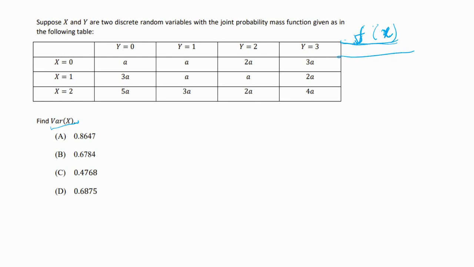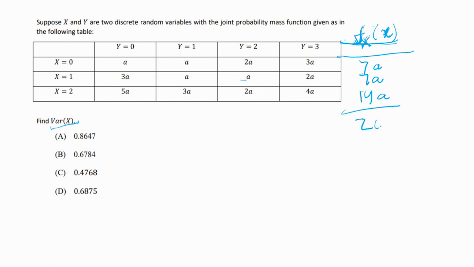So this one is f(x), the marginals of x. When x is equal to 0, f(x) at 0 will be 3, 2, 1, 1. So 3 plus 2 is 5, then 6, and 7, 8. Here it will be 3 plus 2, 5, 6, 7, 7, 8. And then here we will have 5, 3, 8, 8, 2, 10, and then 4, 14.